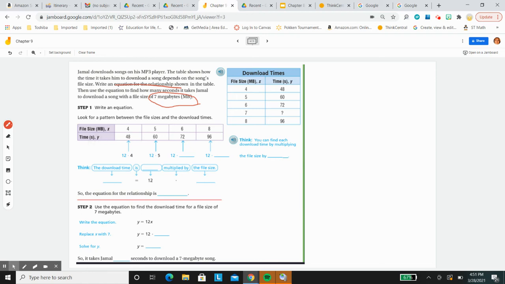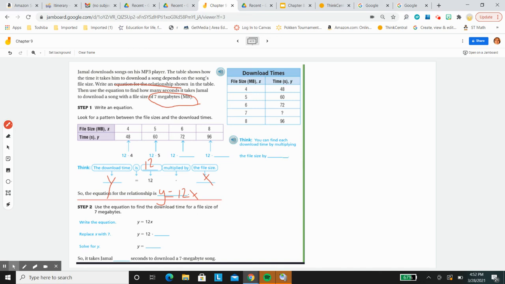So the download time, which is y, is 12 multiplied by the file size, which is going to be x. So I'm going to have the equation y is equal to 12x, or 12 times x.